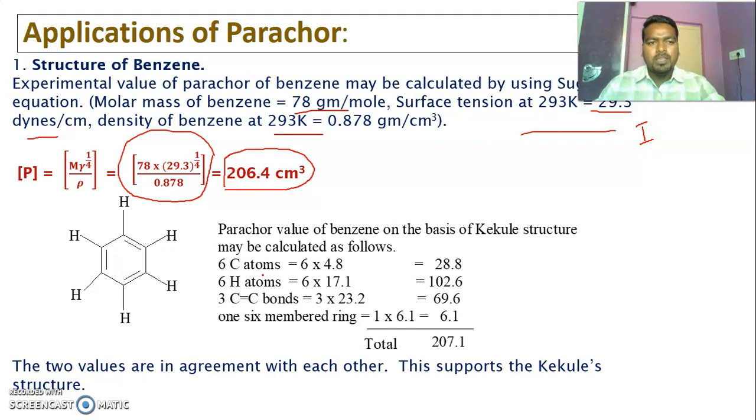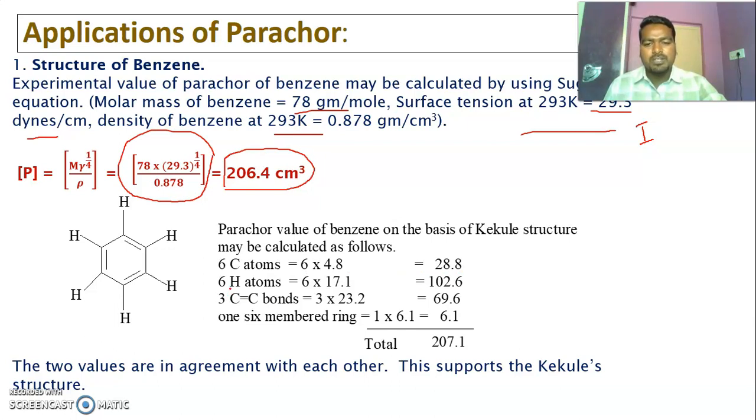Dear students, while solving this problem, please write down the table in a separate notebook and keep it separately. Then only you can understand these videos. So there are 6 carbon atoms, and the Parachor value of one carbon atom is 4.8. So 4.8 into 6 is equal to 28.8.